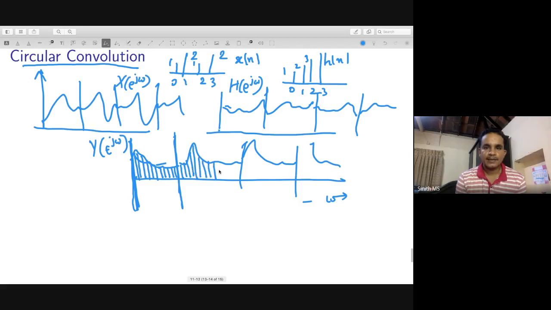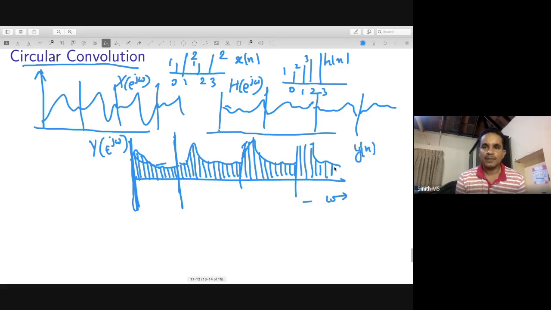Suppose you take samples like this. What happened when you make it discrete in some domain? Basically, when you sample, it is becoming discrete. So when you make something discrete in one domain, it becomes periodic in another domain. So the other domain corresponding to Y(e^jω) is basically y of n.